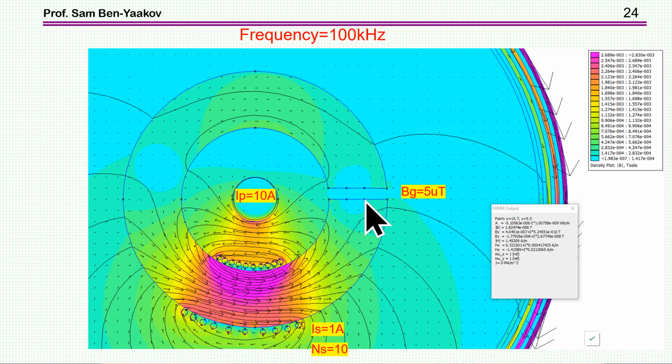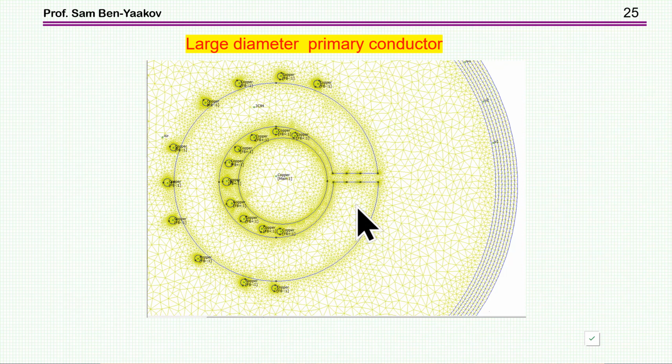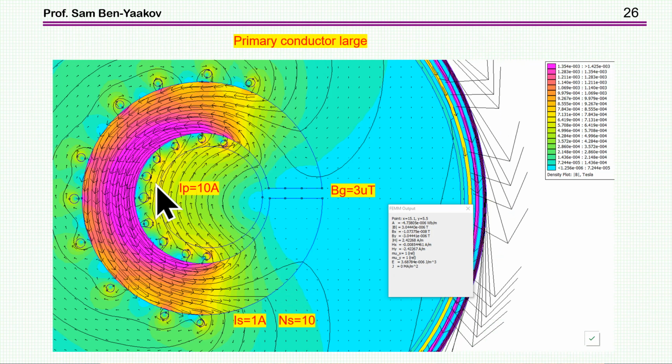Now, what about having a center wire which is much, much larger, occupying just about all the void, all the hole here in the ferrite core? And this is for the spread secondary. We have it here. You see, this is the primary, again 10 amp, secondary is 1 amp, 10 turns, again very low.